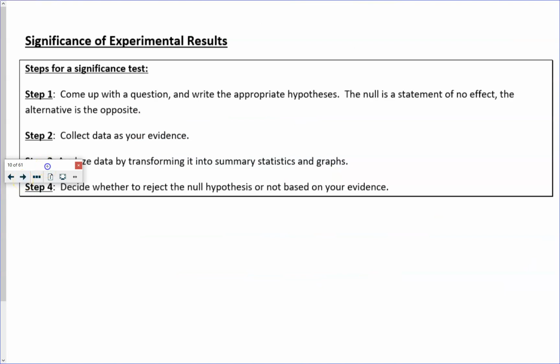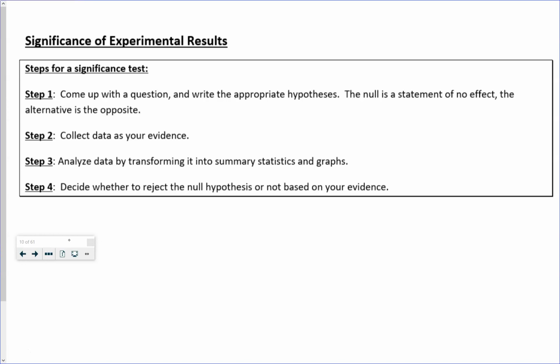All right, so significance of experimental results. The steps that we have to do: we have to come up with the question and write down the appropriate hypothesis. We always say null is no effect, and the alternate is that there is going to be an effect. Step 2, we always collect our data for evidence. Step 3, we have to analyze it by transforming it into summary statistics and graphs.